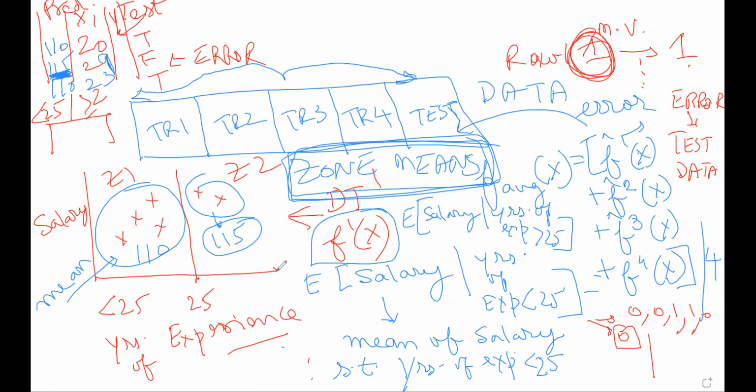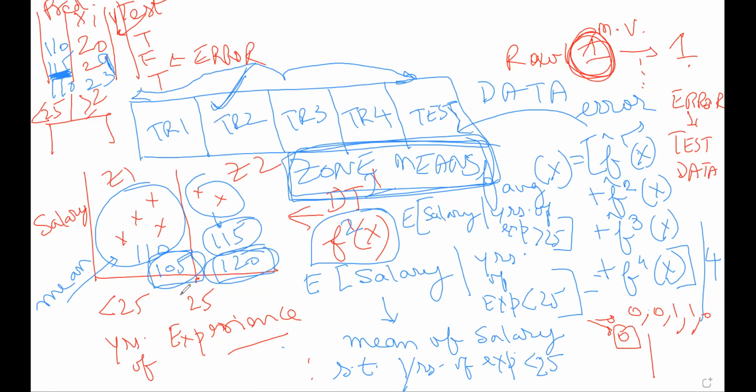Say for the second decision tree, fx2, the predicted values come out to be 105 and 120. So I fit a second decision tree because the training data has changed now. So the decision tree structure will also change now. Training data changes, so the decision tree will also change. So for the second decision tree, these are my zone means.